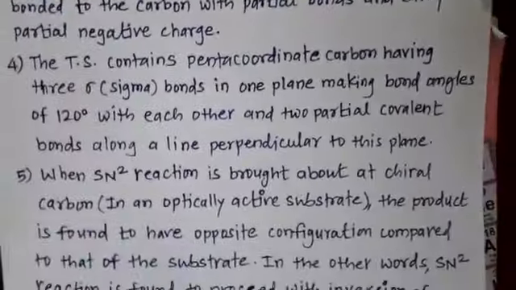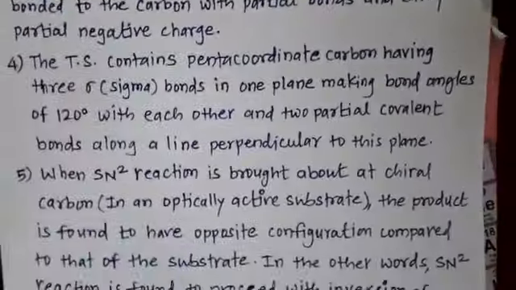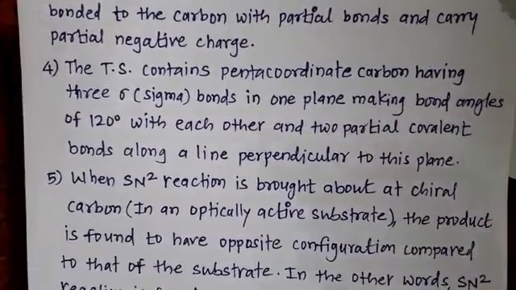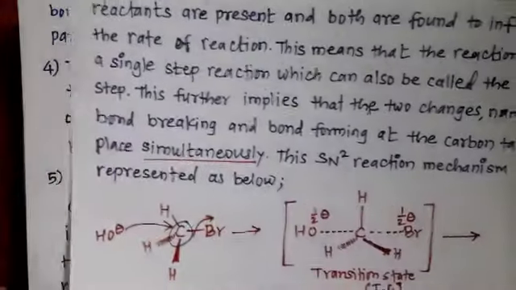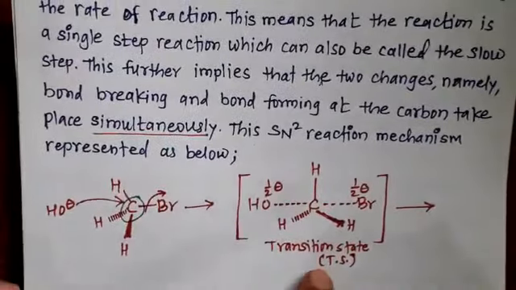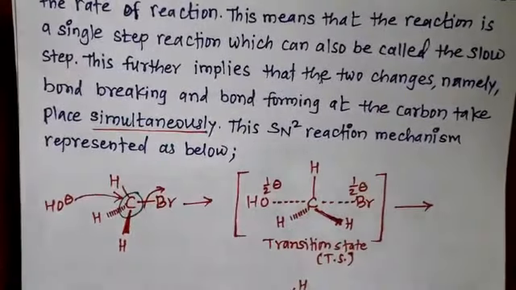Now we go to the next feature, that the transition state contains pentacoordinate carbon. Here this transition state has a pentacoordinate carbon because this carbon has 5 bonds.